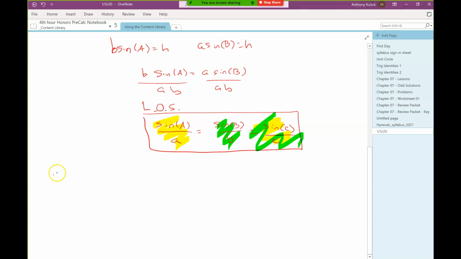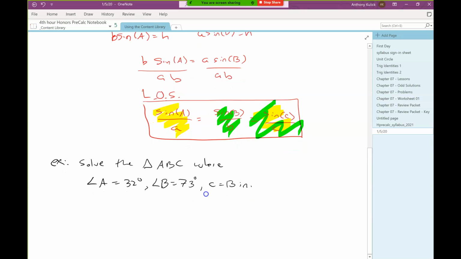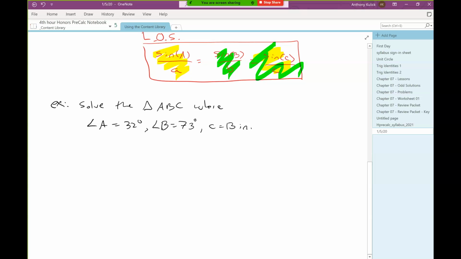Okay, so let's do an example. Let's say we have the triangle ABC, where angle A is 32 degrees, angle B is 73 degrees, and side c is 13 inches.